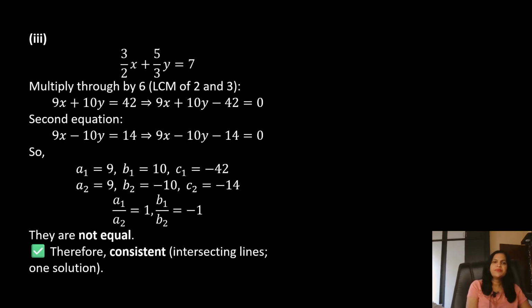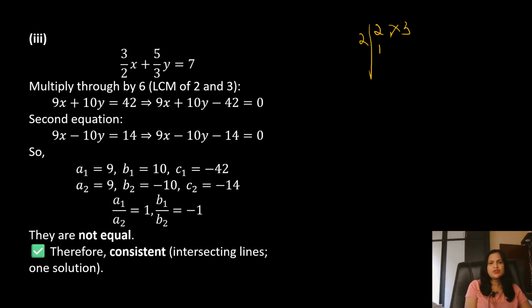Third one is 3 by 2 x plus 5 by 3 y equal to 7. So multiply by 6, that is the LCM of 2 and 3. Find the LCM of 2 and 3. These two are prime numbers, just multiply these two and you will get the LCM. 3 twos are 6, 6 is the LCM.